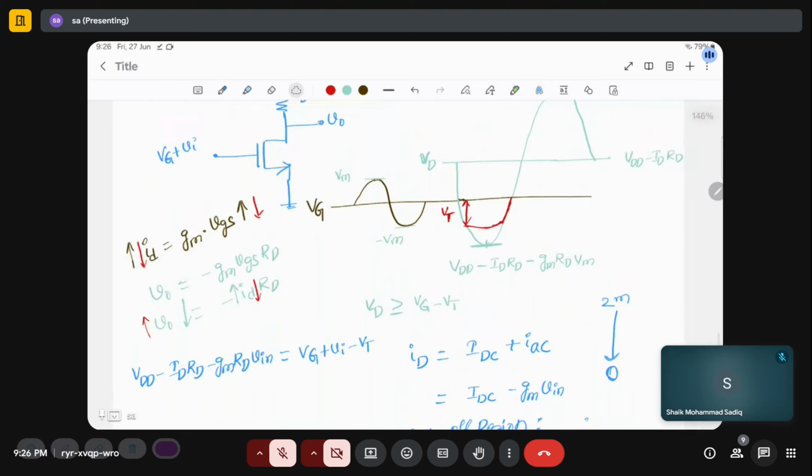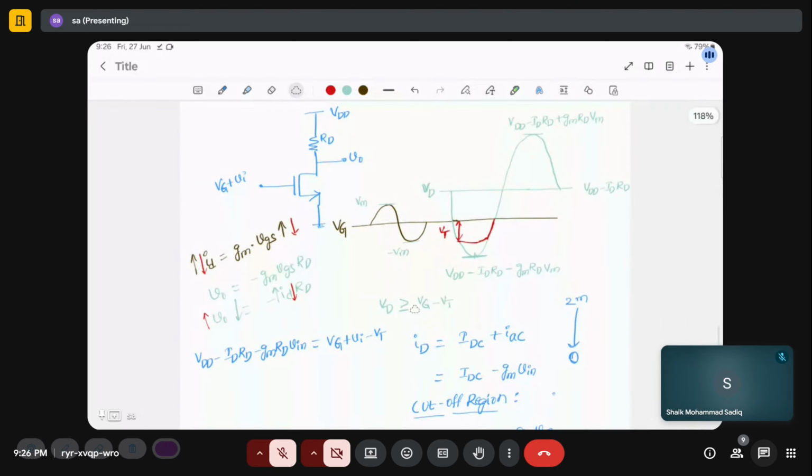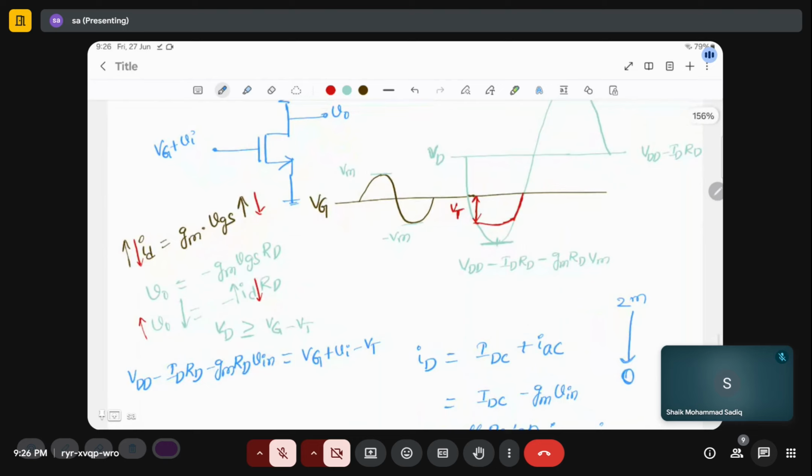See, what I have written here is the same condition. On the left hand side, I have written the instantaneous VDS voltage, which is nothing but your DC value plus the AC value. On the right side, I have written DC VG plus the small signal voltage vi that we are applying, minus VT.